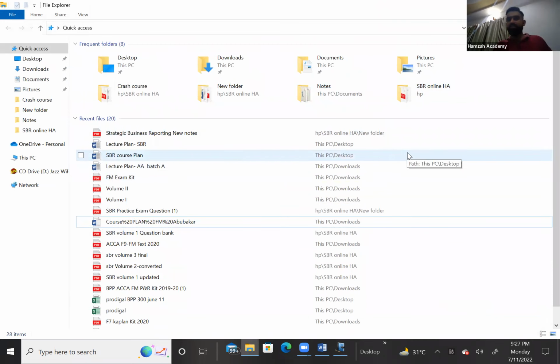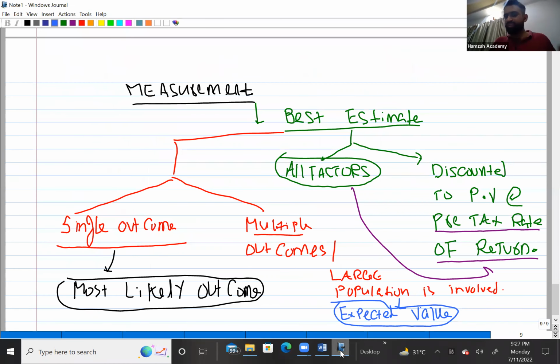So that was the provision. IAS 37 is not complete. We have just discussed the provision now.